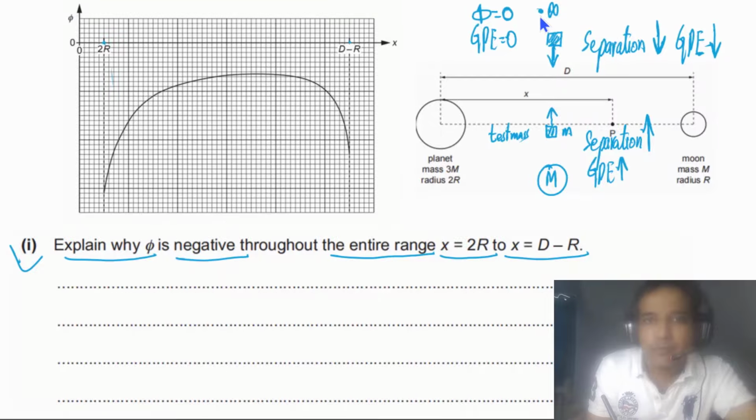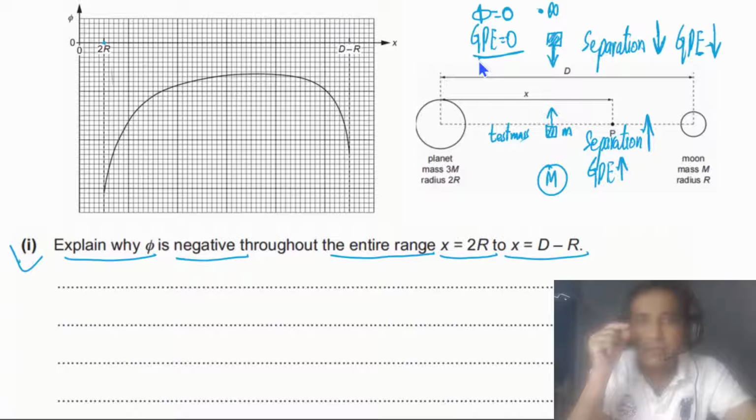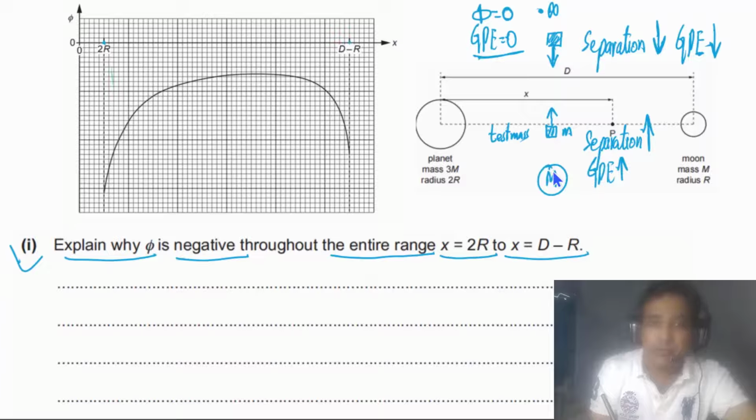Now at infinity we have GPE equal to 0. As the object is moving down, GPE is decreasing. As GPE is decreasing from 0, it means it has to be negative, anywhere from this point to this point. GPE has to be negative.